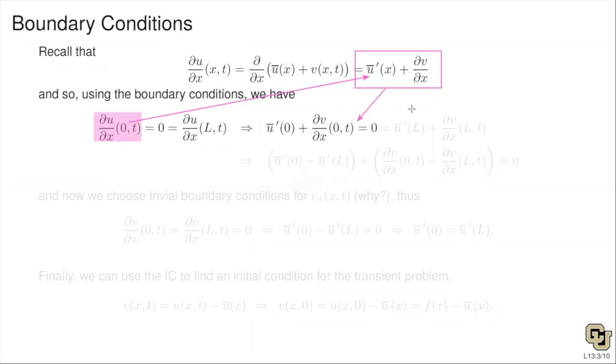U bar prime of 0 plus partial v, partial x at 0 comma t has to equal 0. And then do the same thing for the other side. For this side, I'm going to replace it with this and plug in a capital L for the x and set it equal to 0.